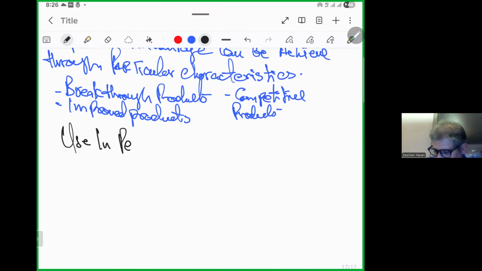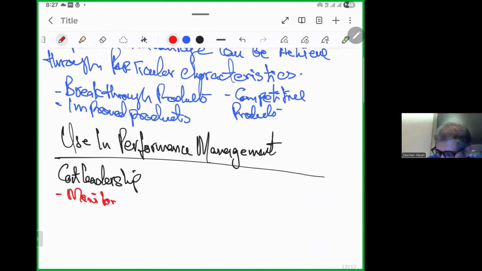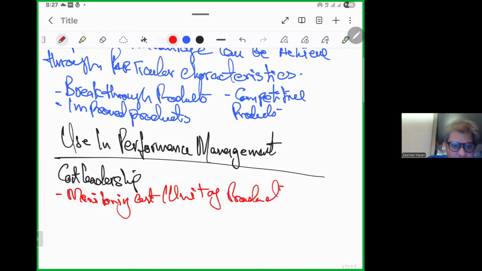Use in performance management. Well, as far as cost leadership is concerned, performance management will focus on monitoring cost per unit of product and ensuring that this is controlled.